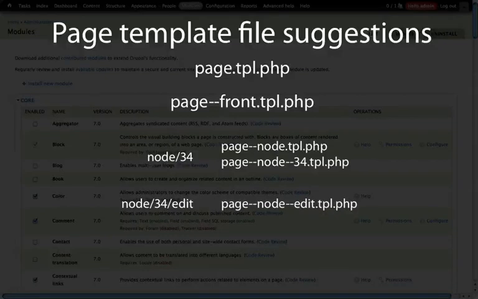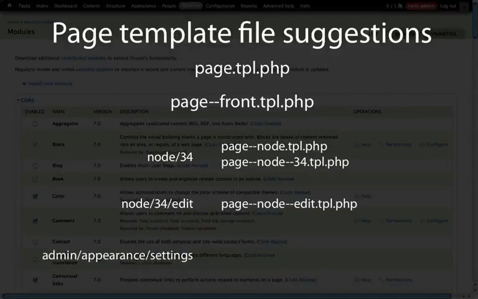It removes those variable numbers and instead just uses the beginning and ending part for that path. So we're working with page--node--edit. Notice there's no 34 there, and this will apply to all of the edit pages for nodes.